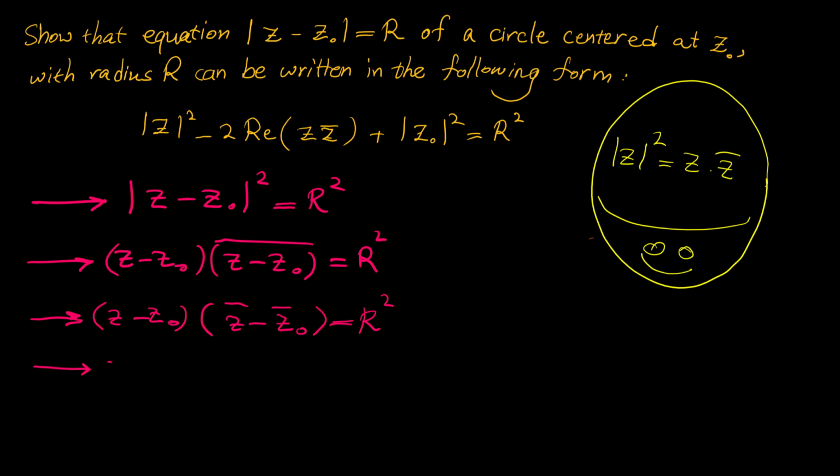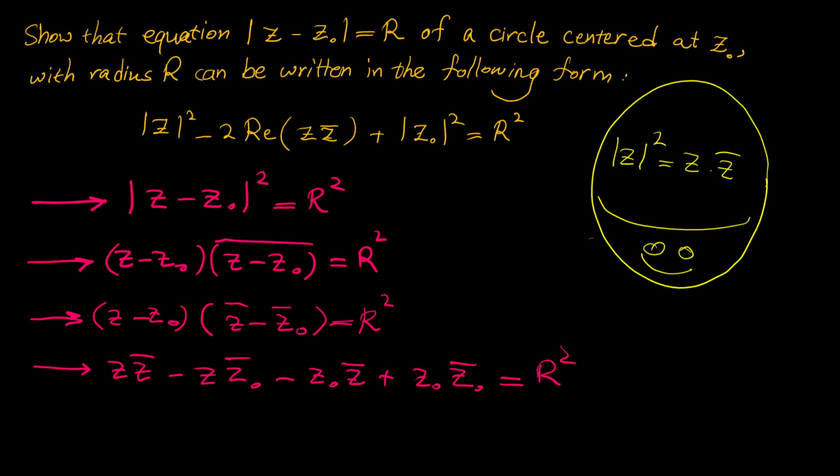Then we have z times z conjugate minus z z0 conjugate minus z0 z conjugate, and then we have plus z0 z0 conjugate equals r to the 2.